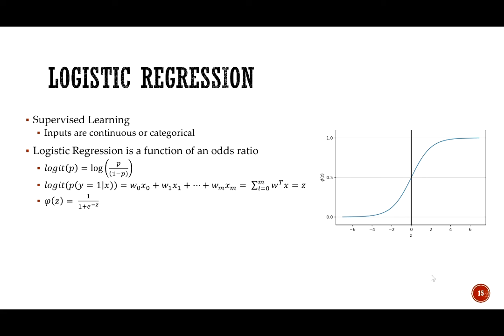In this slide, you can see the math for linear regression, for logistic regression. Logistic regression is a function of an odds ratio. The odds ratio represents the effect of a predictor X on the likelihood that one outcome will occur. And you can see the cumulative distribution function for logistic regression in this figure.